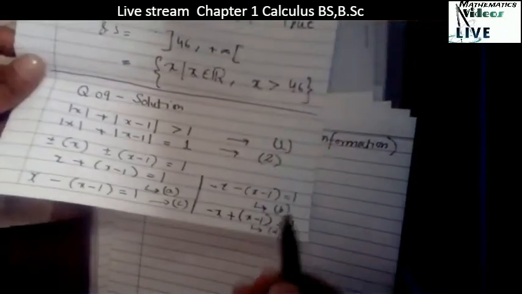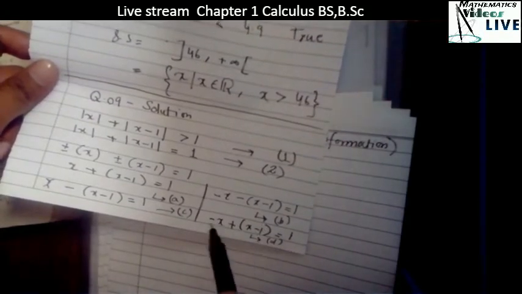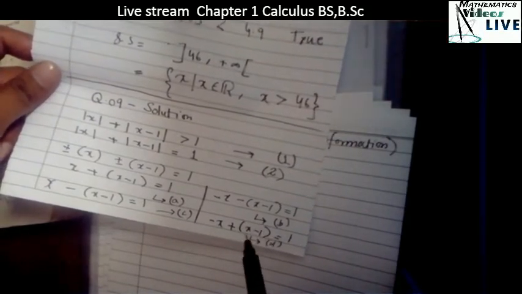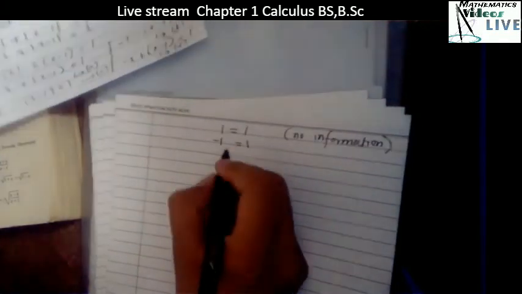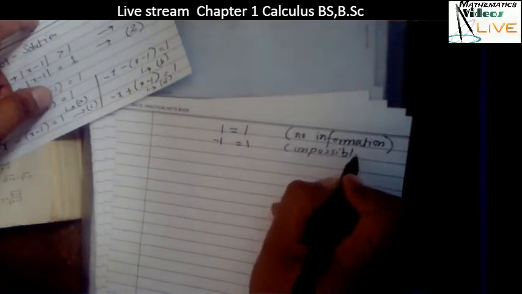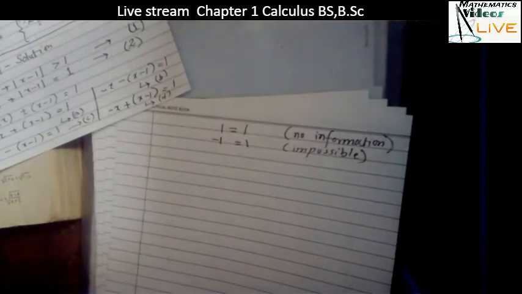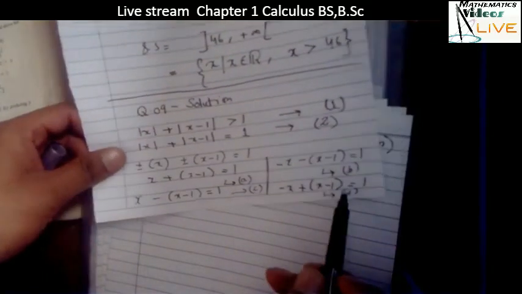Now you have to solve these equations. In equation C, x is cancelled by this x. You get 1 is equal to 1, which gives us no information. It means that we cannot find any boundary number from this one.